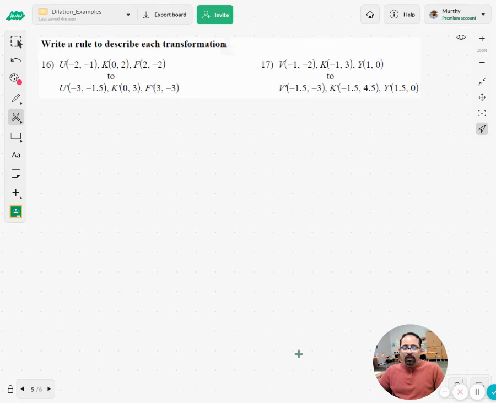Okay, let's take another example. Here, the dilation is given, and you are asked to write a rule to describe each transformation. You are asked to write a rule. So here, write a rule means you have to find what is the scale factor.